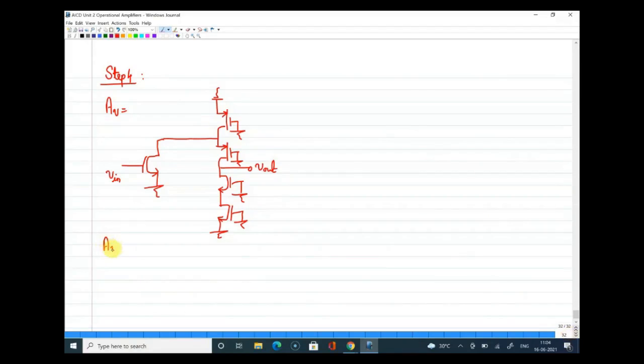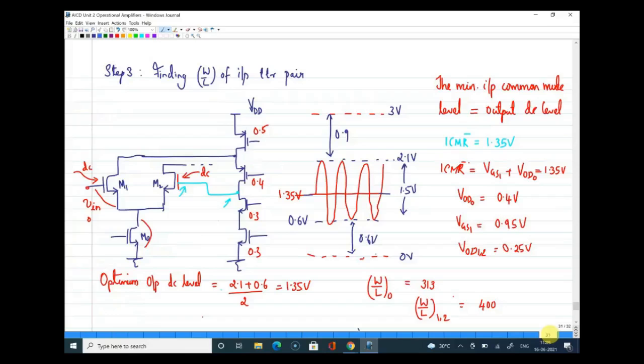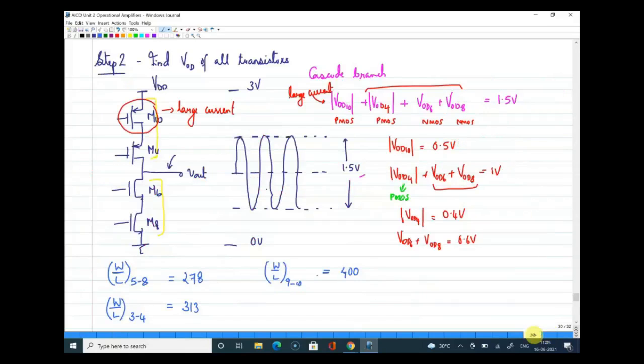I can write gain as GM into R out. And as we just found yesterday, capital GM can be equated to small GM1. I think it is easy to find the resistances R up and R down. So what is R down here? Let me number the transistors.